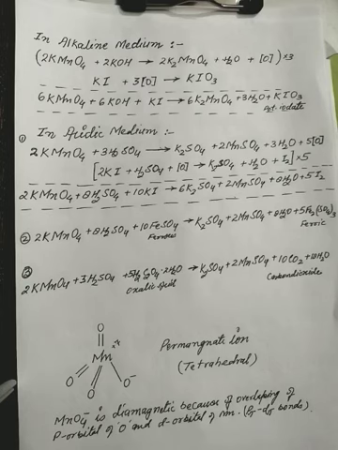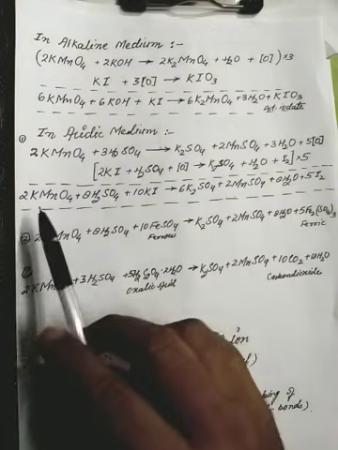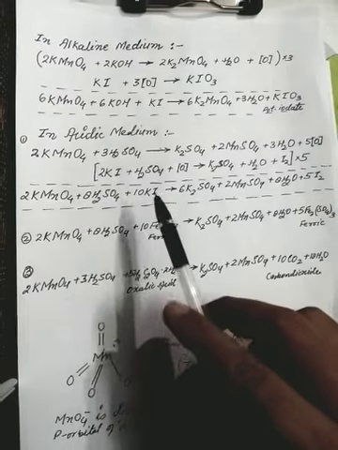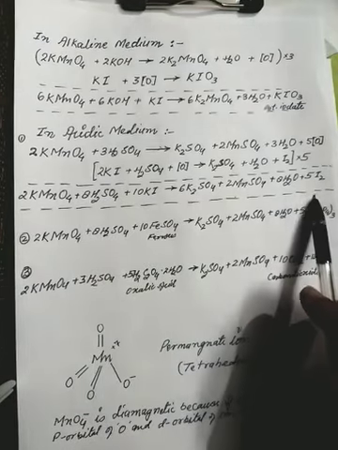So in neutral medium, 158 is divided by 3, in alkaline medium 158 is divided by 1, and in acidic medium 158 is divided by 5, depending upon the number of half-nascent oxygen given by one molecule of KMnO4. KMnO4 in acidic medium oxidizes KI into I2.